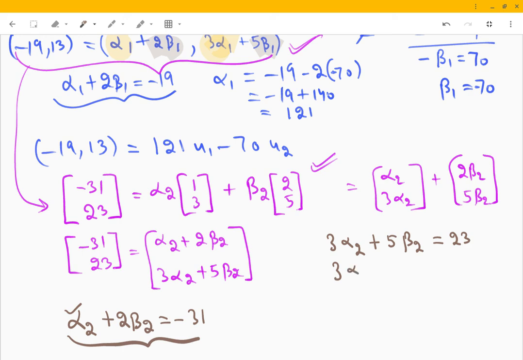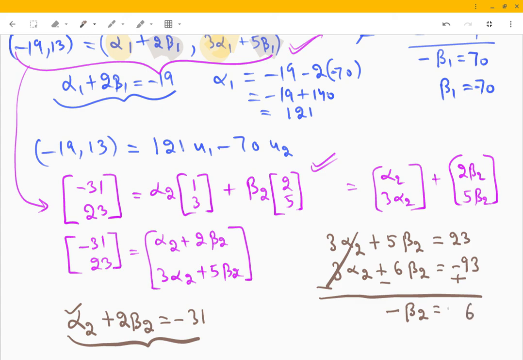So I get 3 times alpha 2 plus 6 times beta 2 is equal to negative 93, and subtract this. So this cancels out. I'm left with negative beta 2 and I get 116. So my beta 2 is negative 116.